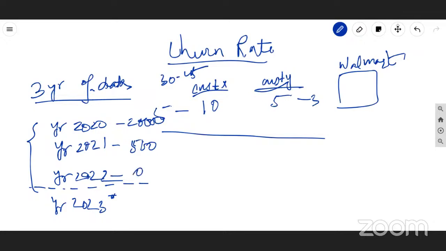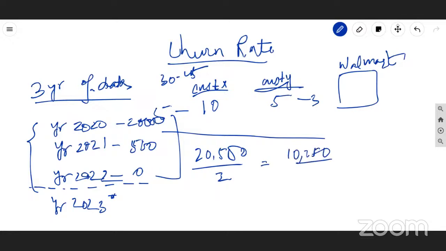Spent is 0 rupees here. Overall spent is 20,500, divided by 2. That's 10,250. This is the average spend for customer X. But in the current year, the customer has not bought anything. So you cannot go with the average, first of all.